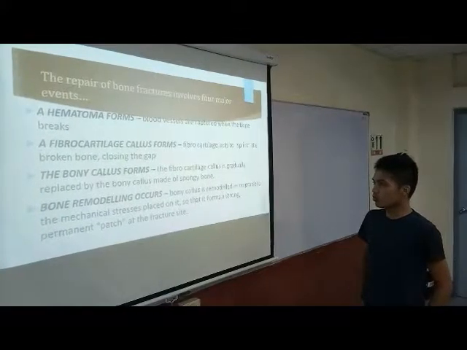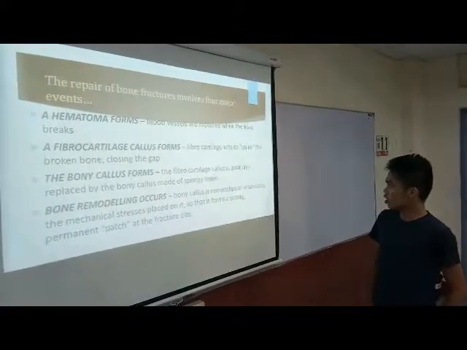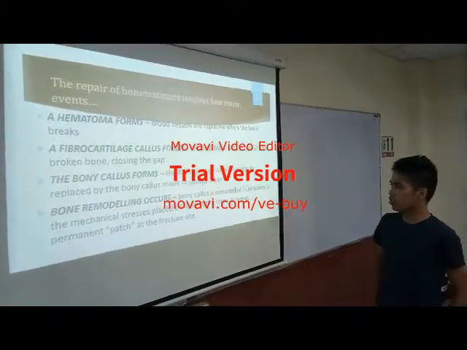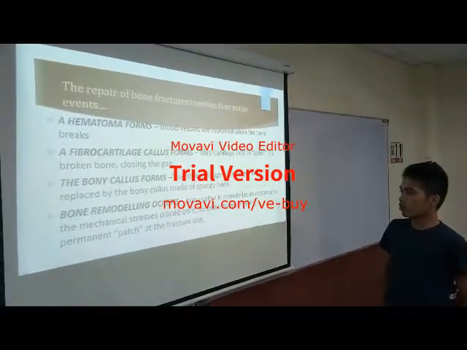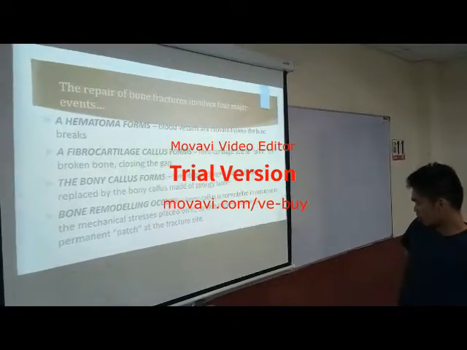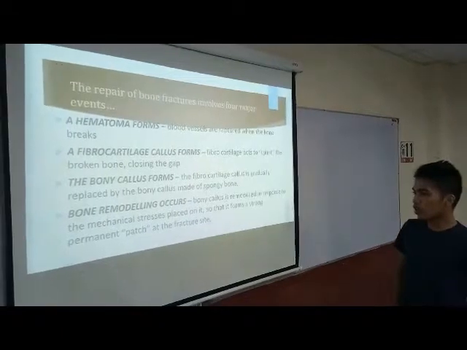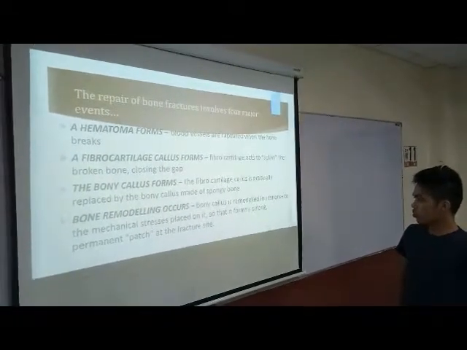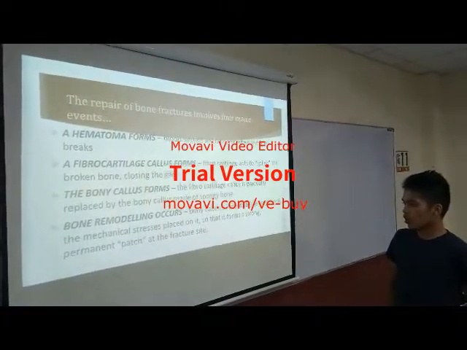The bony callus forms: the fibrocartilage is gradually replaced by bone made of spongy bone. Bone remodeling occurs. Bone is removed in response to the mechanical stresses placed on it so that it forms a strong permanent patch at the fracture site.